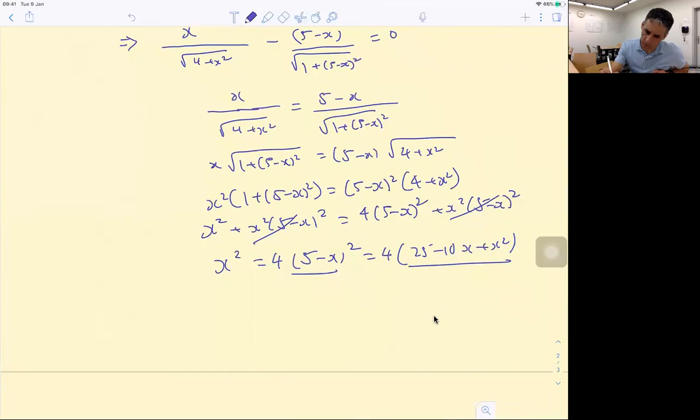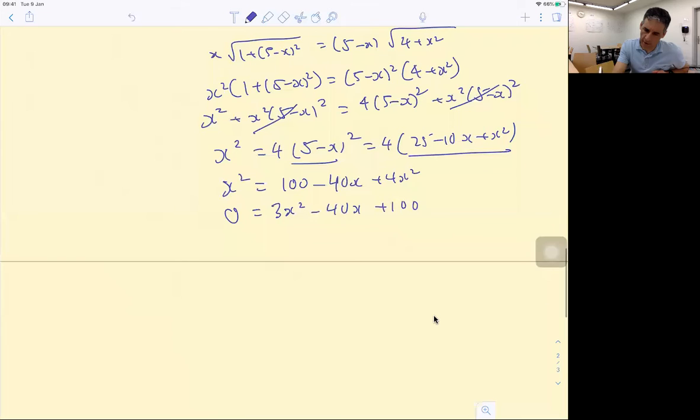So now, if we look at this equation, it's actually x squared, 100 minus 40x plus 4x squared. Or 0 is 3x squared minus 40x plus 100.